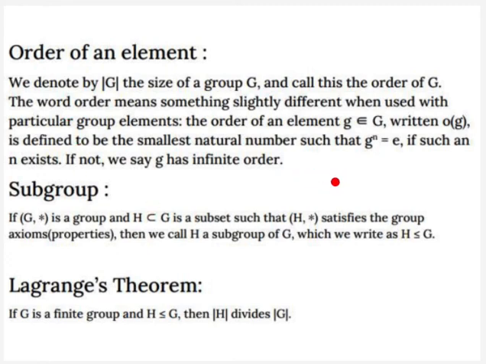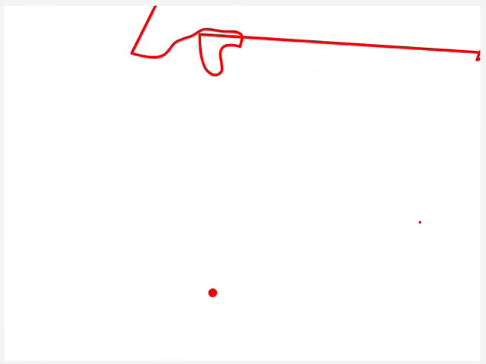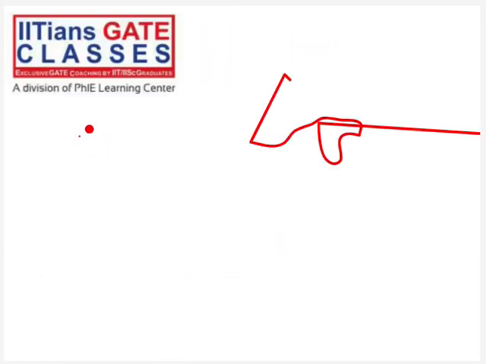Now, for example, in our example of 0 1 2 3 4 under addition modulo 5, we have already seen that 2 was a generator.